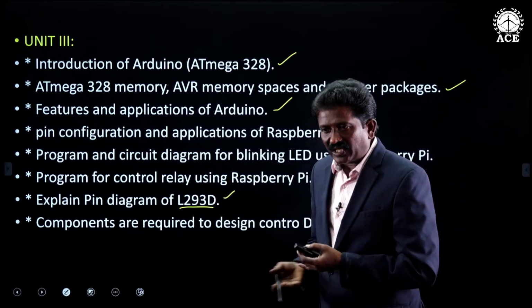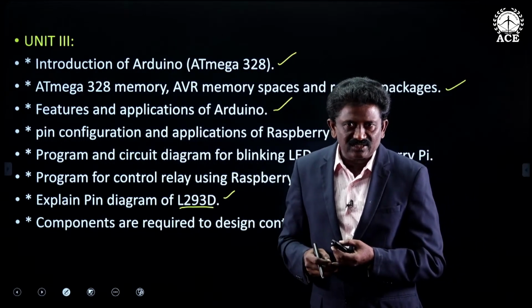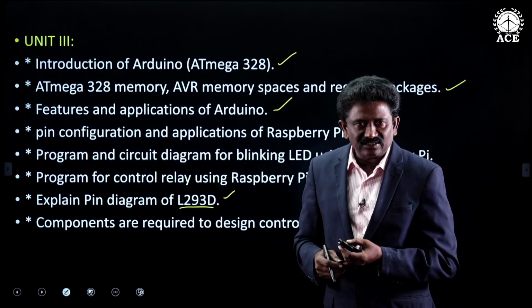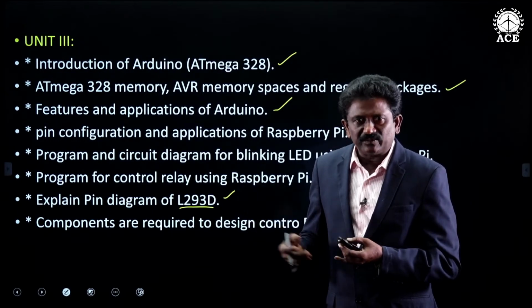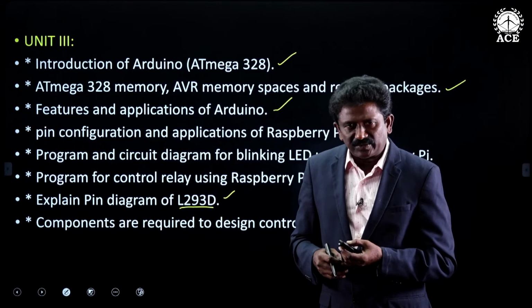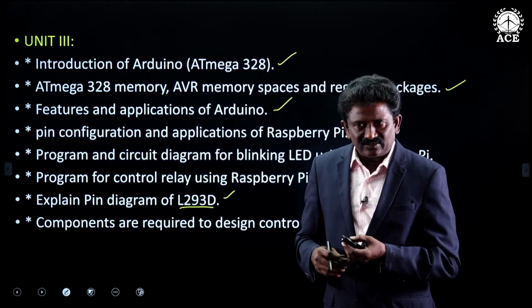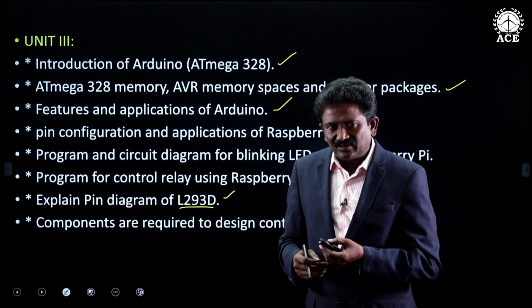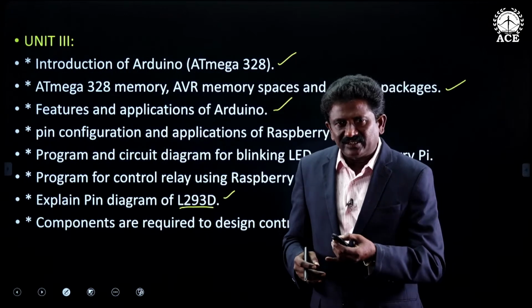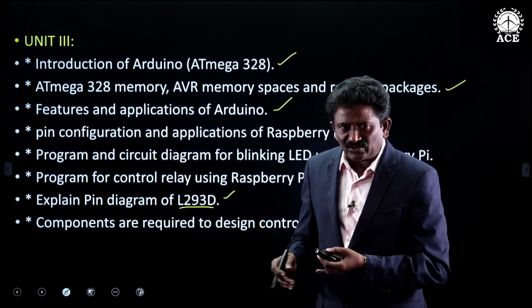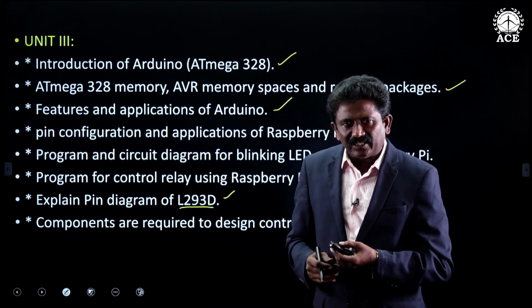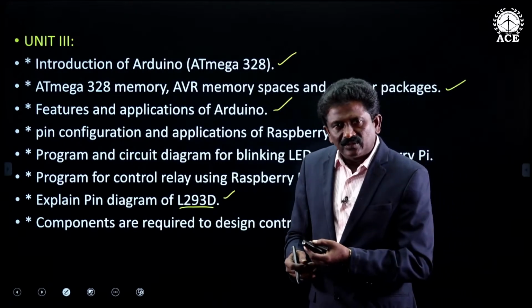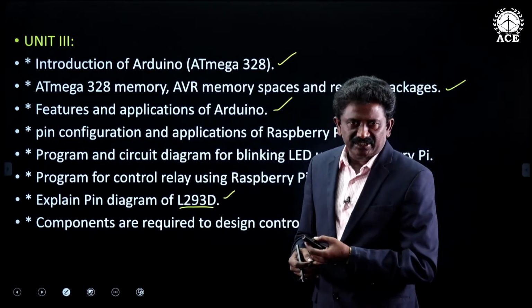Now suppose I want to run heavy machines, and I want to communicate with long distance devices. In that case, I can take the help of the Raspberry Pi. With the help of Raspberry Pi we can run devices at some distances, using Wi-Fi, Bluetooth, such types of communications.